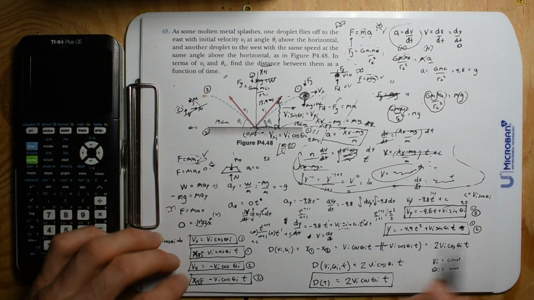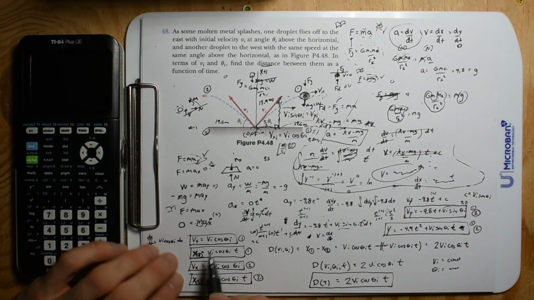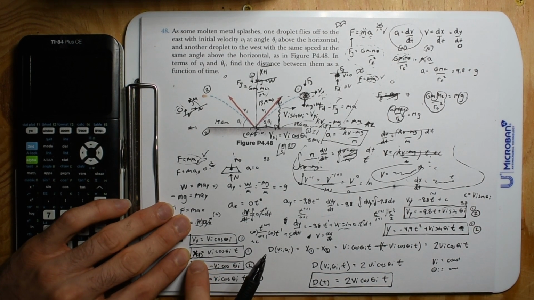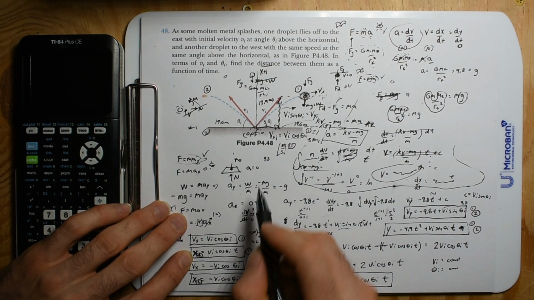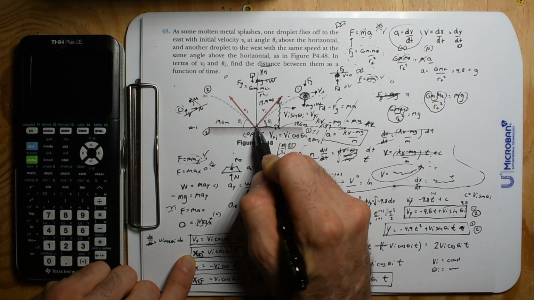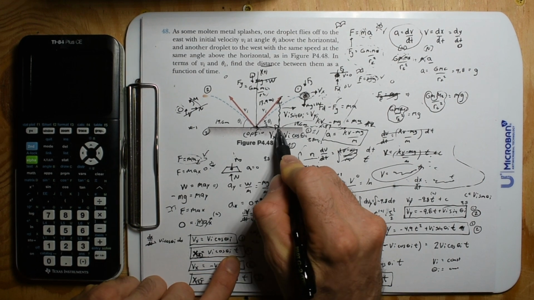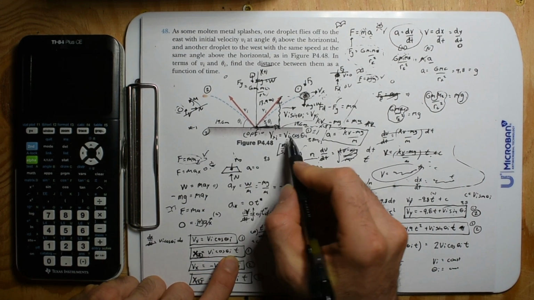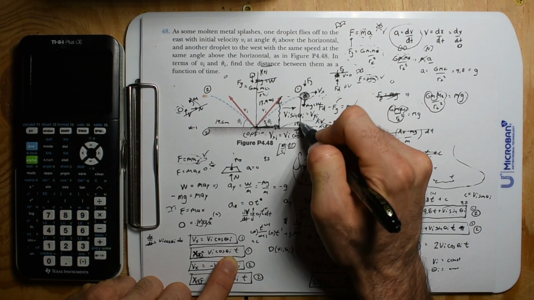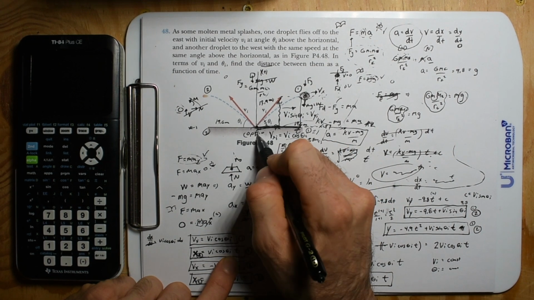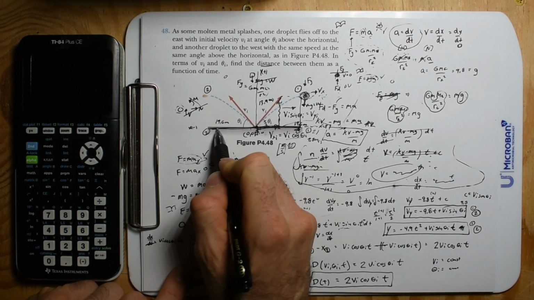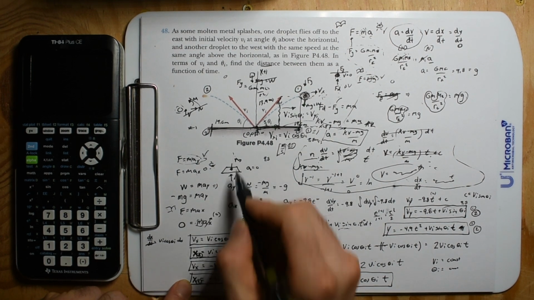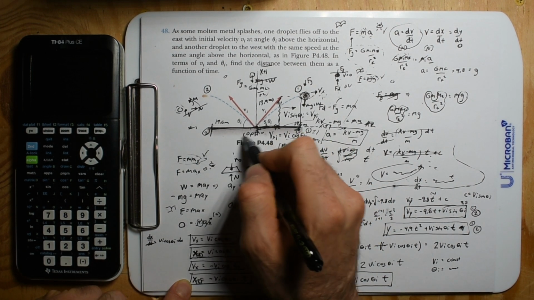But when you do that second integration to get position, just know that you're starting at whatever your origin is, and for whatever time it is, that's the distance. So at time t out here, that's that distance, and at that same time t, for this other equation, it is going to be that distance.